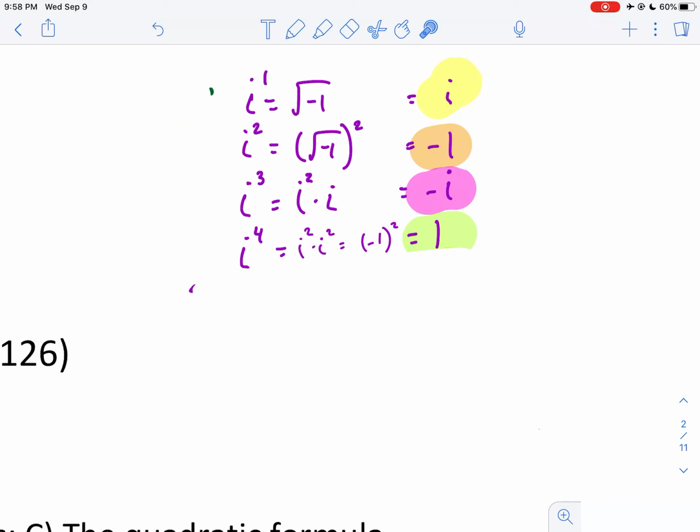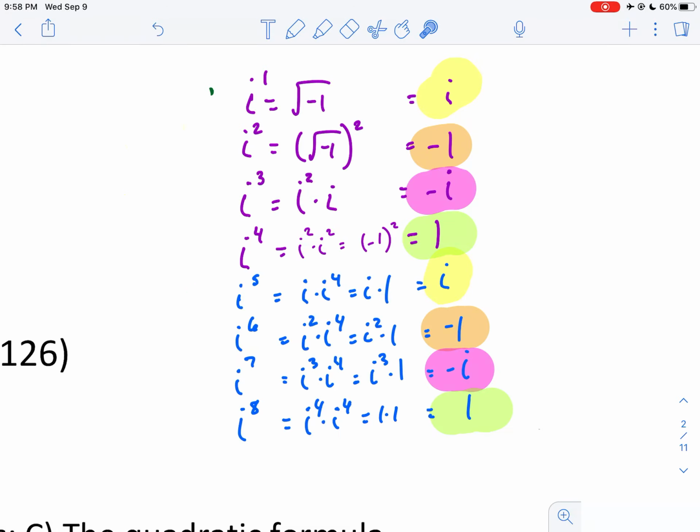And this is really great. This pattern is going to repeat. Okay, if you look here at i to the fifth, I can break that into i and i to the fourth. Well, we know i to the fourth is 1, and that's really good, because now I'm just left with i. And you see that's what I got up here. I to the sixth, then, we can break into i squared and i to the fourth.